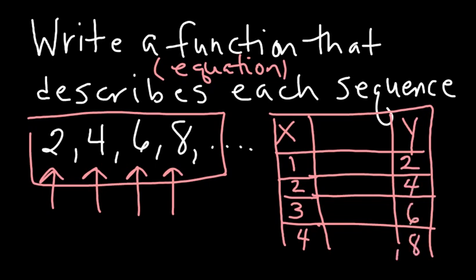Now, this is a little bit different than what we did before, because to find the equation, we have to figure out how we're getting from here to here, and from here to here. Are we adding something? Are we multiplying by something? How are we going from 1 to 2? From 2 to 4? From 3 to 6? From 4 to 8?